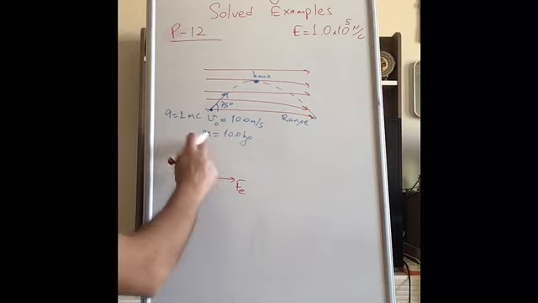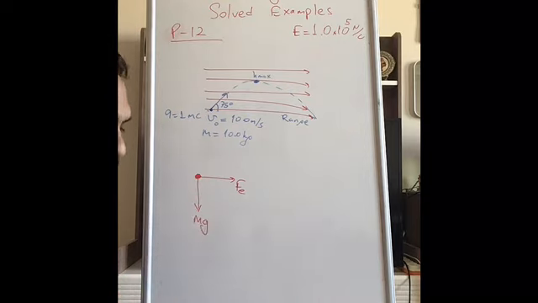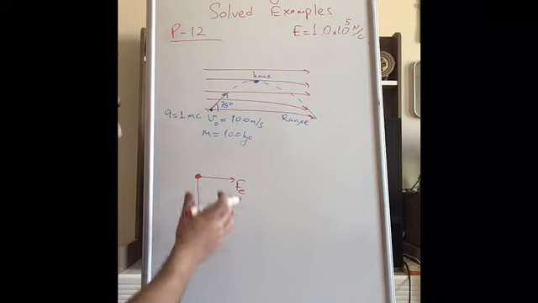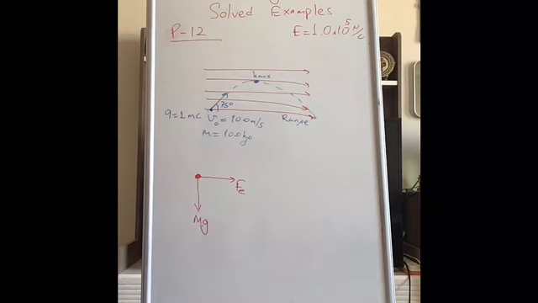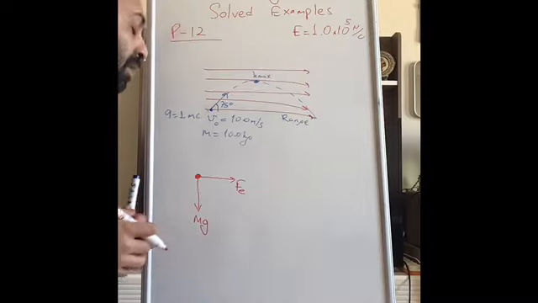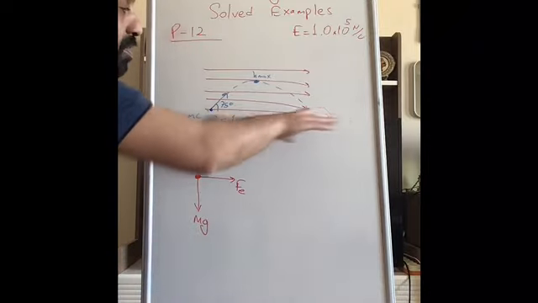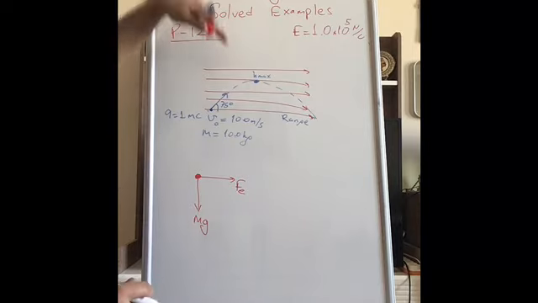What else? It has a mass, so gravity is always in the game, and we can put mg in this direction. Anything else we are missing? I think not. These two forces are perpendicular to each other. So the electric force will control the horizontal part of this motion, and the gravitational force will control the vertical part.